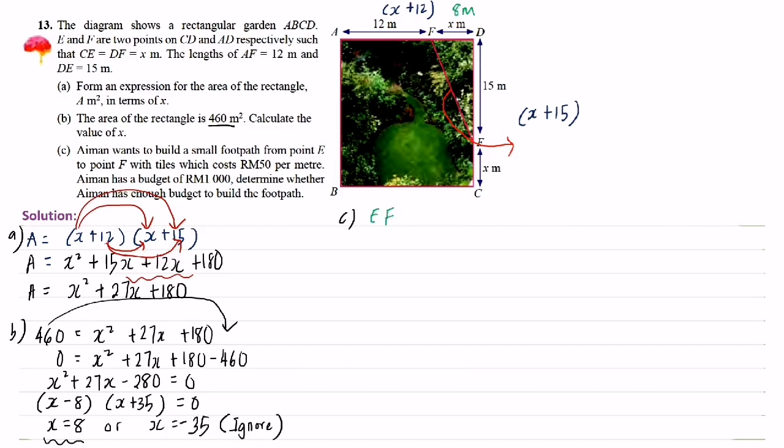So the length of EF equals square root of 8 power of 2 plus 15 power of 2. So equals square root of 289 equals 17.